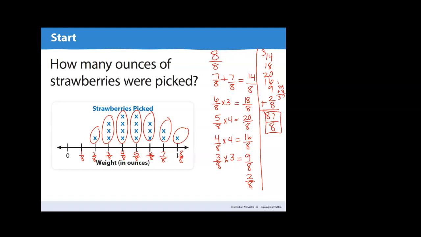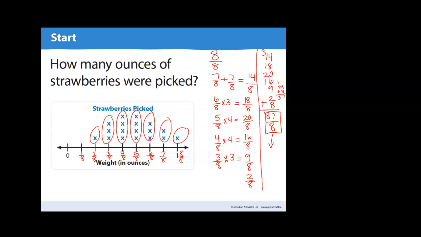So now I can count by eighths to see how many wholes that would be to make it a mixed number. So I'm going to count by eighths. So 8, 16, 24, 32, 40, 48, 56, 64, 8 times 9 is 72, and 8 times 10 is 80.